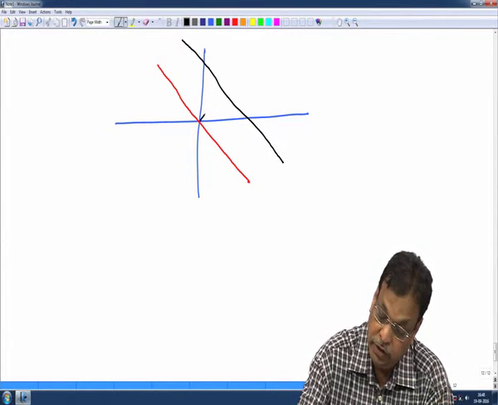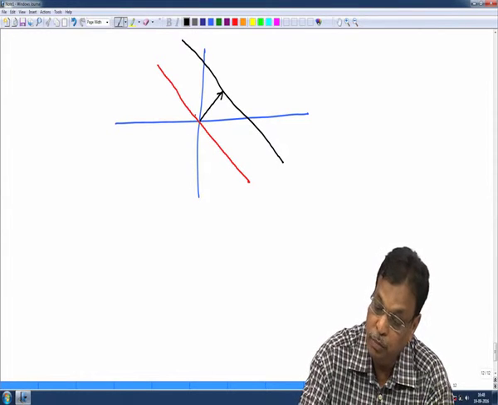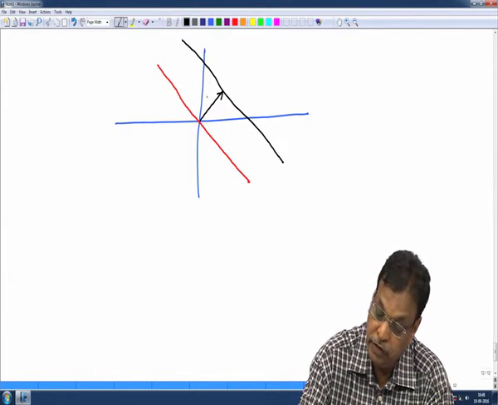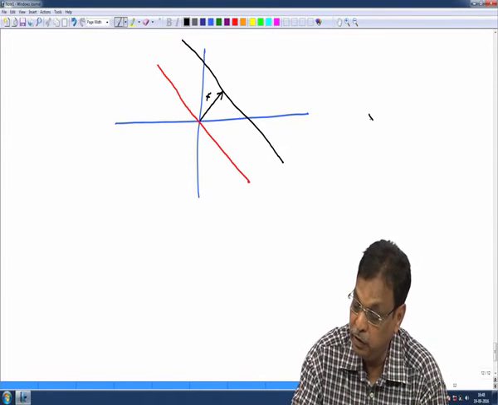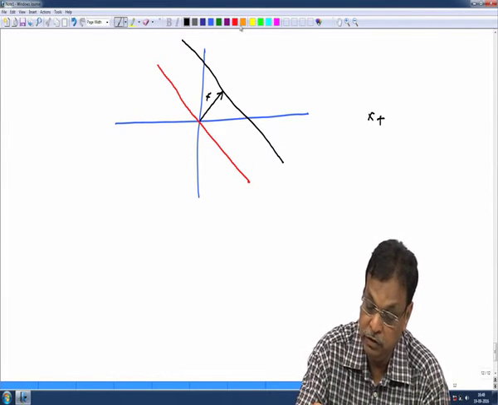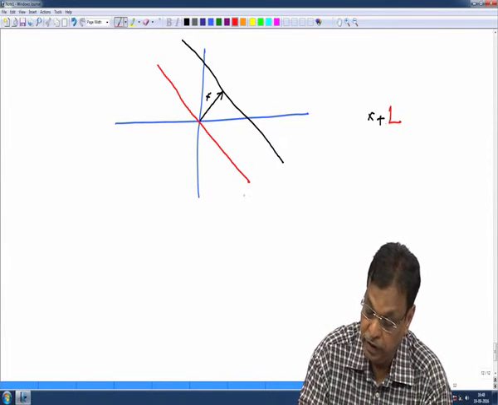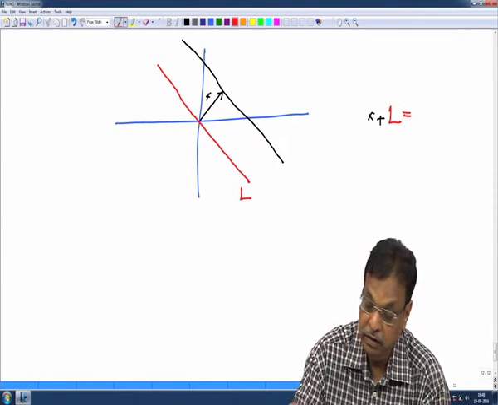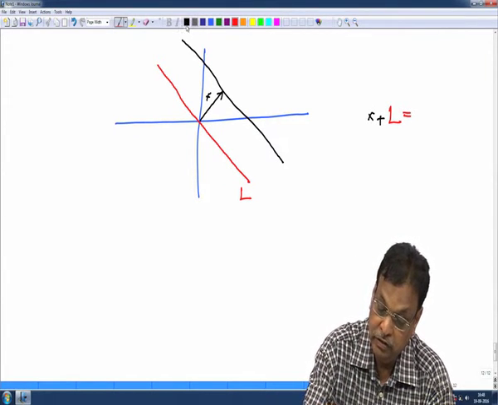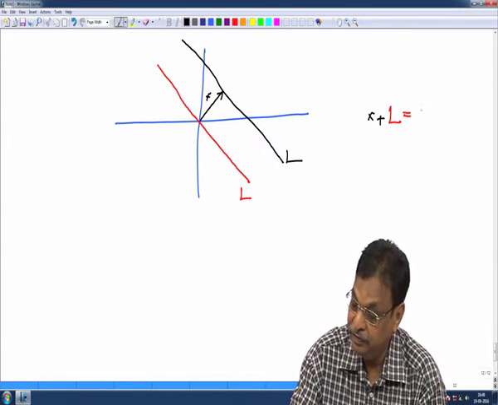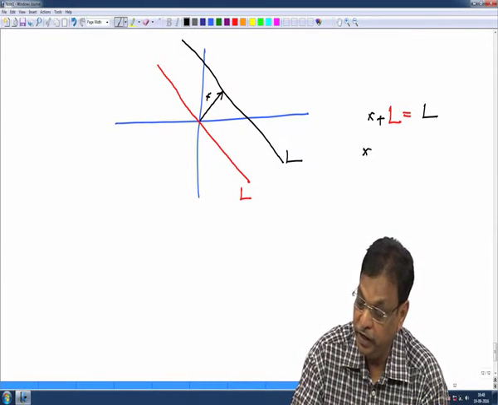So, for example, if you take this vector and add it to all the points in this line, if you call this vector x, then x plus this red line, x plus this L, is precisely this black L, for x in the picture.